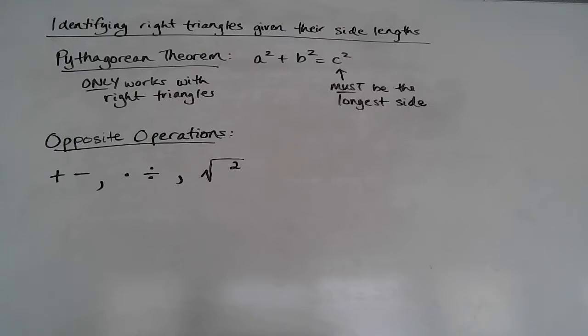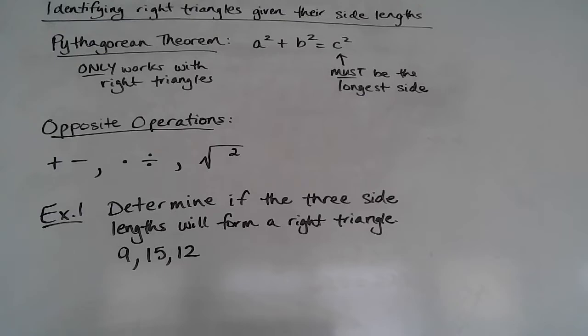We're talking about distance, which is a positive concept. Direction is when you start throwing in the potential for negatives, and we aren't talking about direction, just distance or side lengths. So squaring and square rooting are opposite operations. They undo each other. So let's look at a few examples and you'll see where that comes into play.